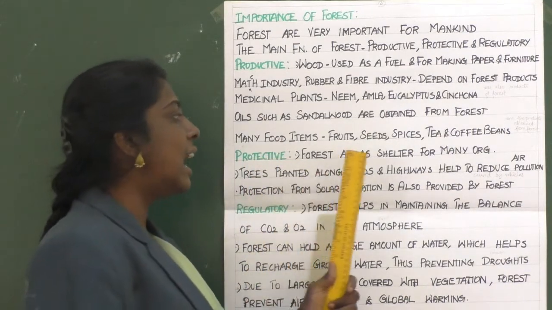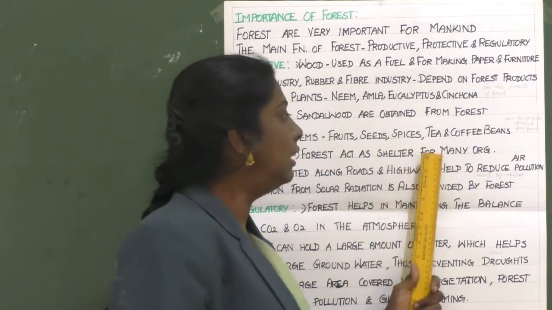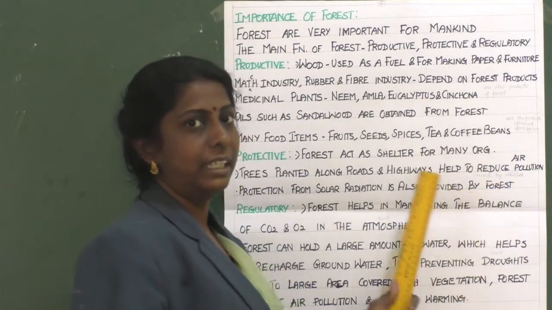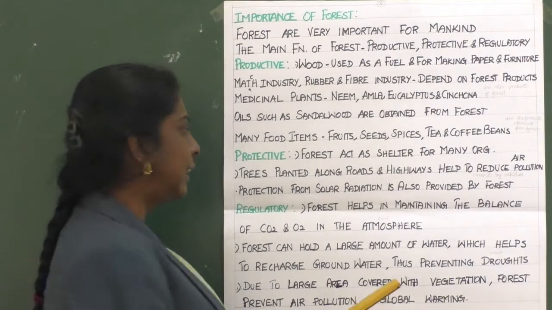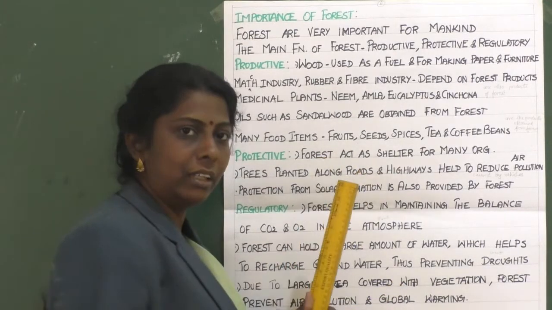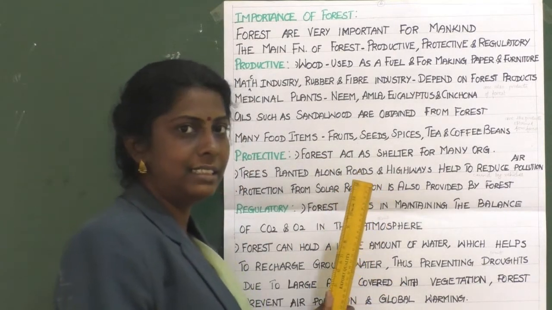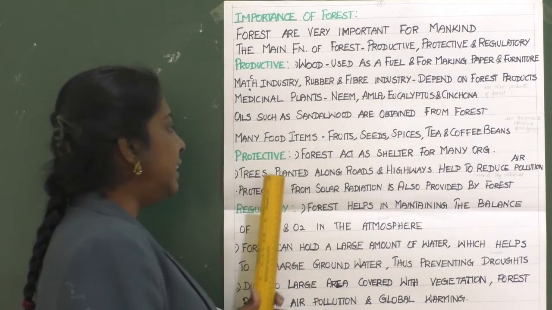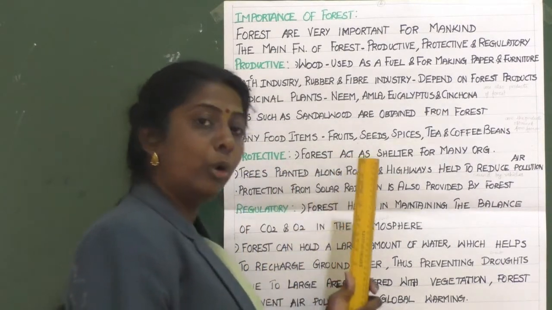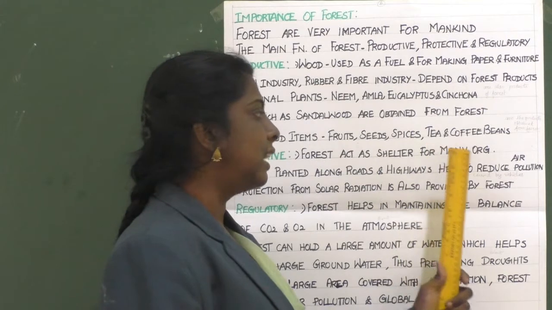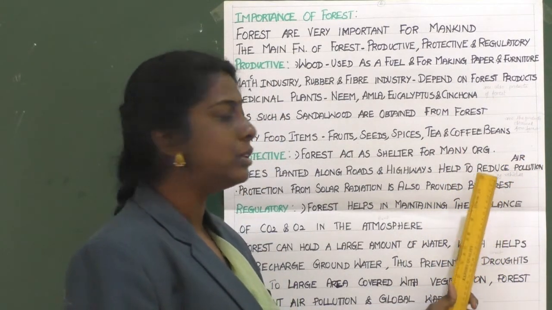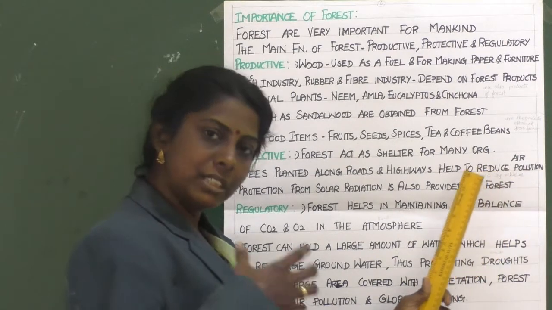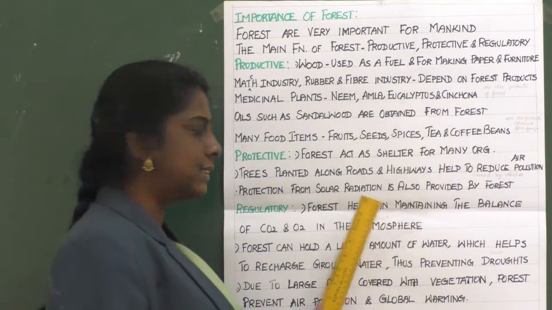Forests act as shelter for many organisms. Clear? Many organisms can live there, isn't it? Yes. Trees planted along roads and highways help to reduce air pollution caused by vehicles.